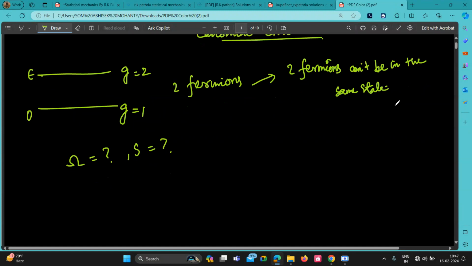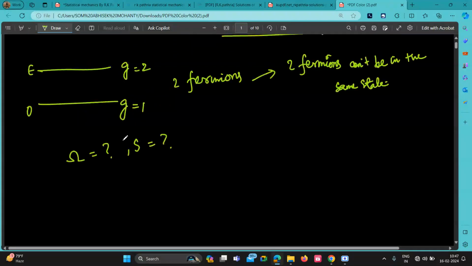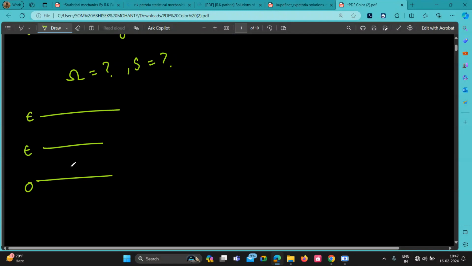So here, what will you do? See, the degeneracy is two here, right? That means I can do it like this: 0, epsilon, epsilon. So I have two levels here, and two fermions are there. So I'll arrange two fermions. For example, one fermion here, one fermion here.